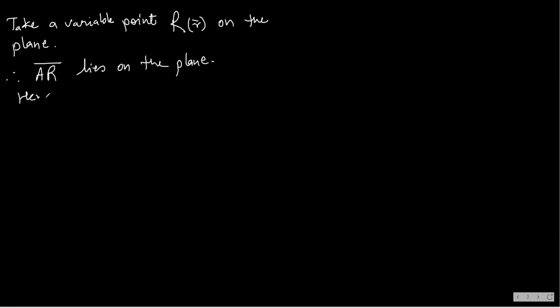Hence, AR bar is perpendicular to B bar cross C bar. Now you know whenever two vectors are perpendicular to each other, their dot product is 0. Therefore, AR bar dot B bar cross C bar is equal to 0.